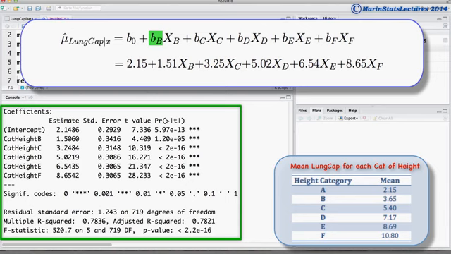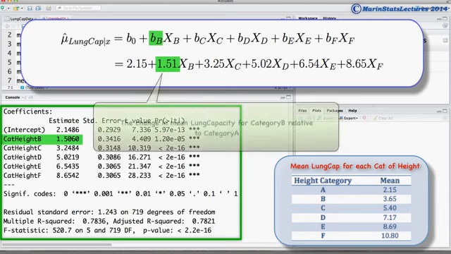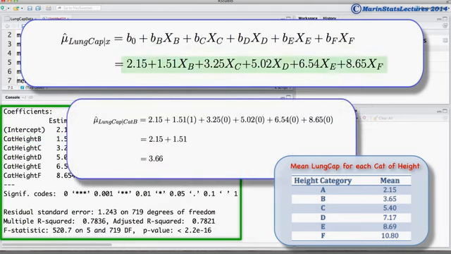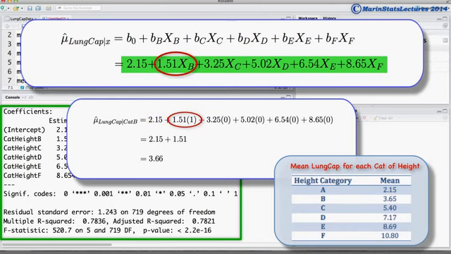The coefficient for category B of 1.51 is the change in mean lung capacity we would expect for someone in category B relative to category A. For someone in category B, we would have their estimated mean lung capacity equal to 2.15 plus 1.51 times 1. Here we have the xB indicator equal to 1 because the individual is in category B, plus 3.25 times 0.